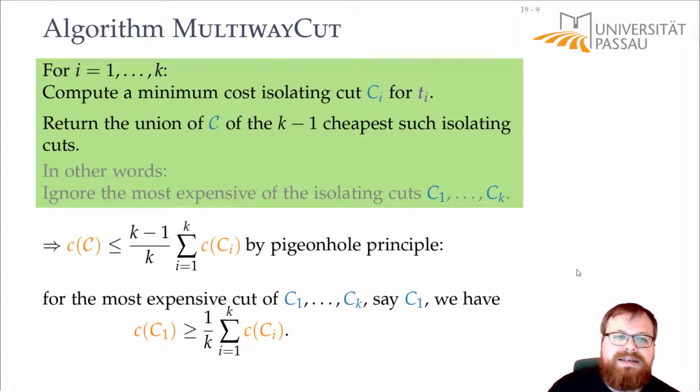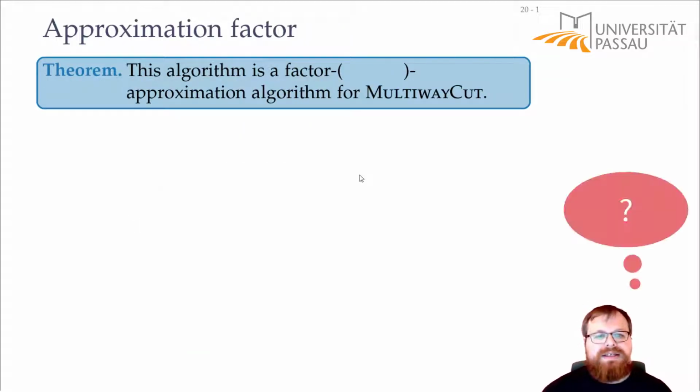It costs at least as much as the average. So if we remove it, then we remove 1 over k from the sum, so we get k-1 over k times the sum of those isolating cuts. So with this information, what do you think is the approximation factor of this algorithm for multi-way cut?